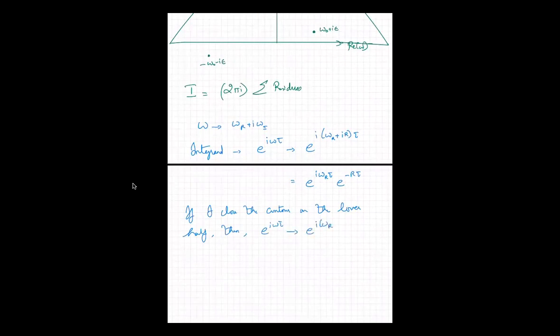And since in the lower half the imaginary part is negative, I'll have minus i r times tau, which becomes e to the i omega real tau times e to the r tau.